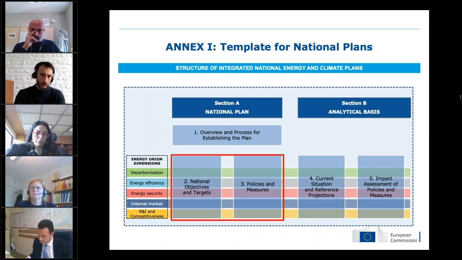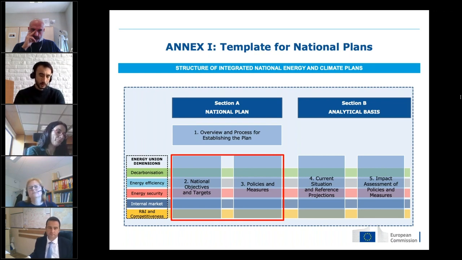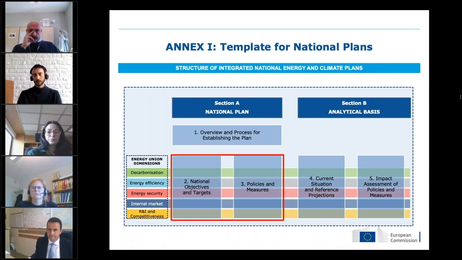And each of these sections is divided into five energy union dimensions. The first one is decarbonization, which includes renewables, but also greenhouse gas emission reductions, then energy efficiency, energy security, internal market, and research, innovation, and competitiveness.